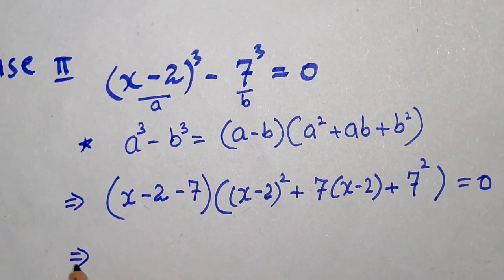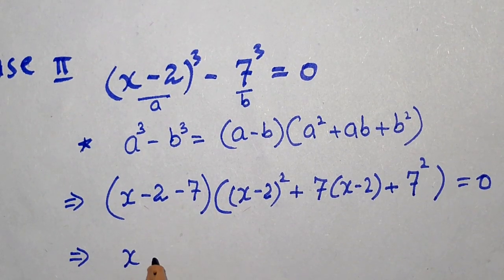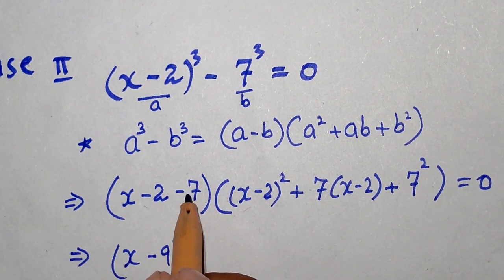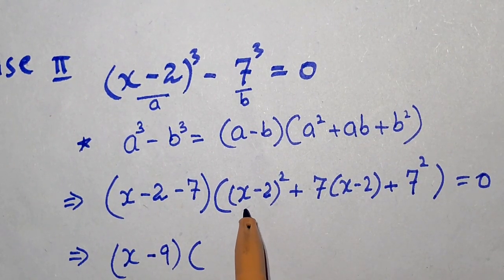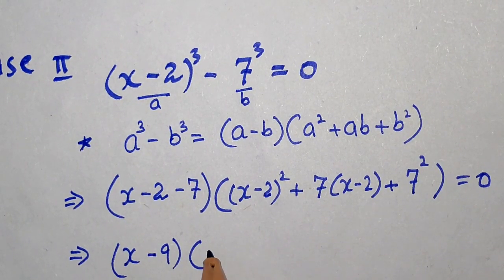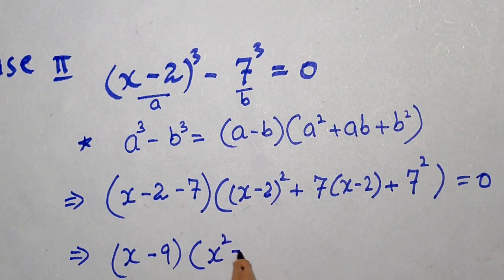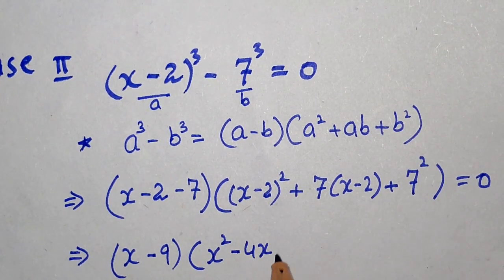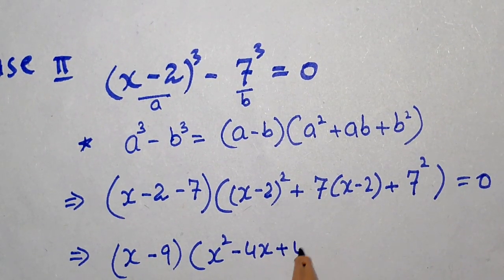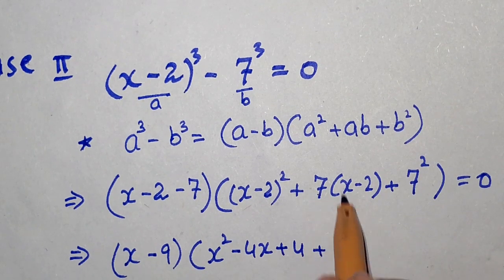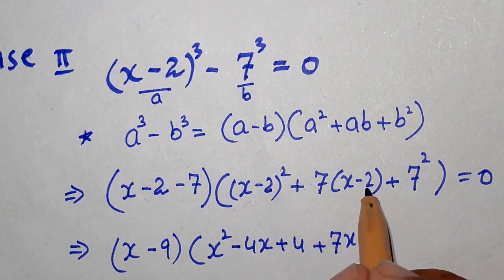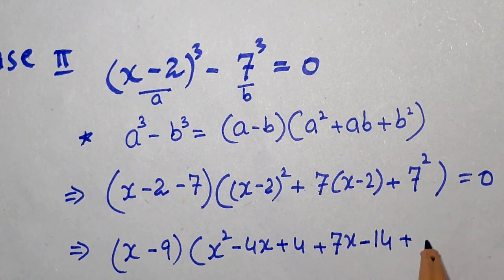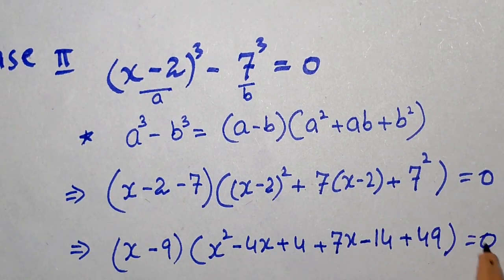Now x minus 7 minus 2 is equal to x minus 9, times, this is in the form of a minus b whole square, so this will become x square minus 4x plus 4, plus 7x minus 14, plus 7 times 7 is equal to 49. This is equal to 0.